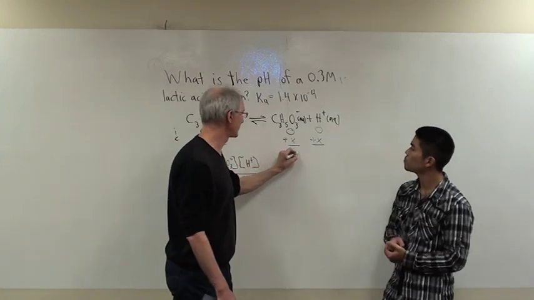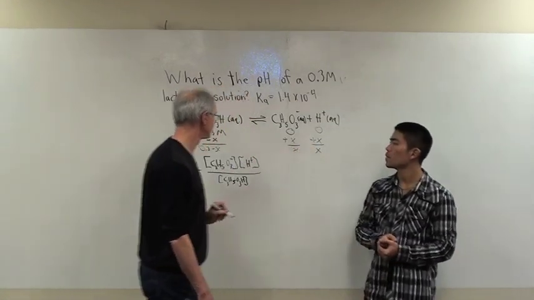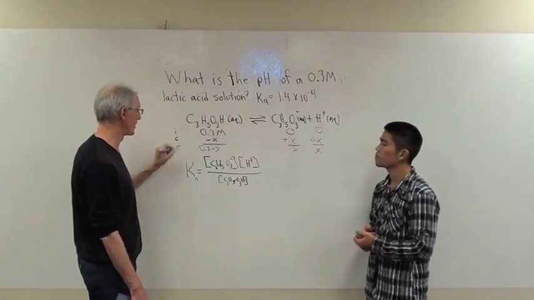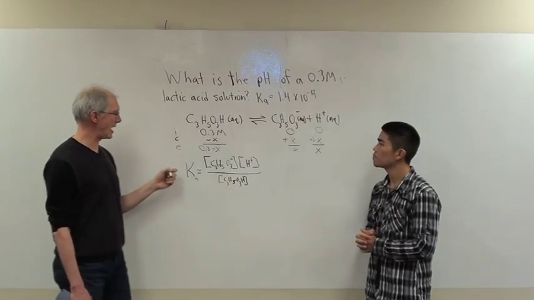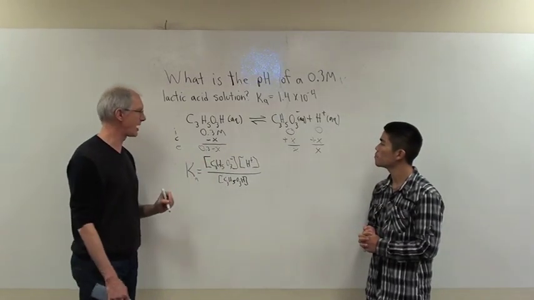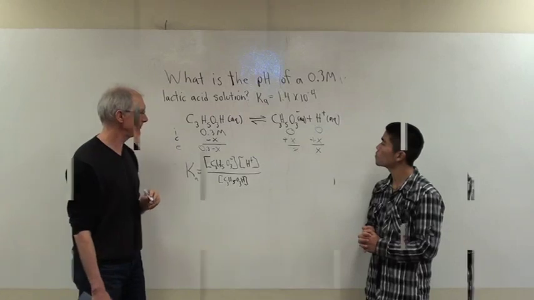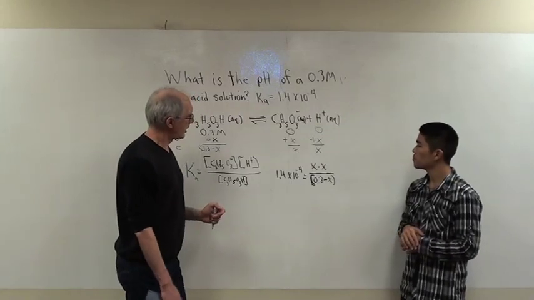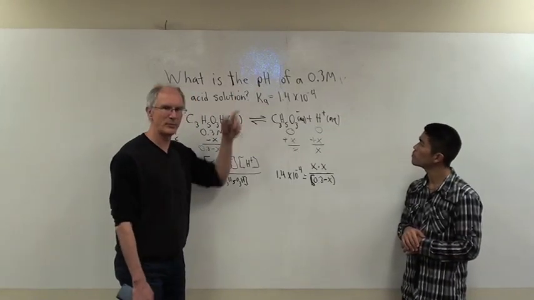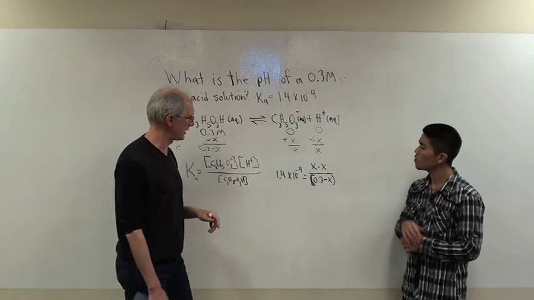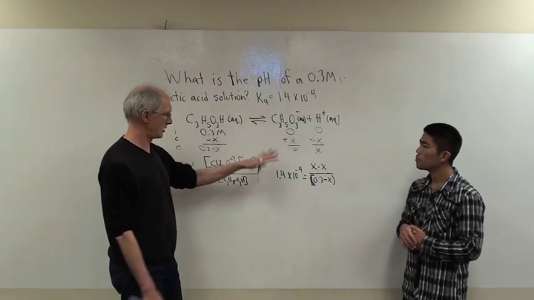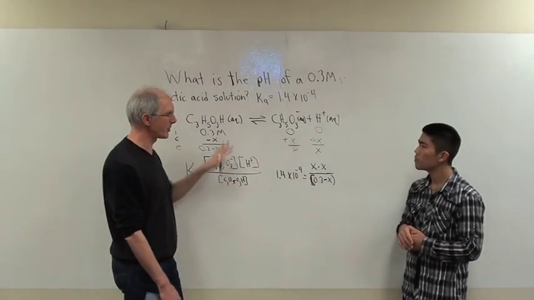Over here I get x and x. And that's my equilibrium. And so now I can plug these into my expression with the Ka. I still don't know about this pH thing, I'm not quite there yet, maybe. But I have all the information from the problem now.